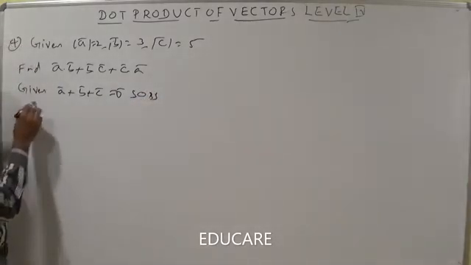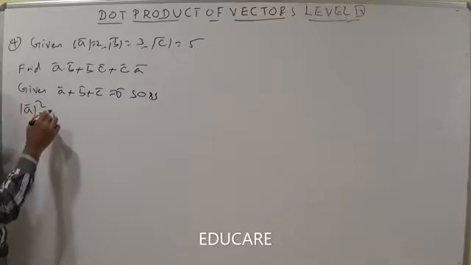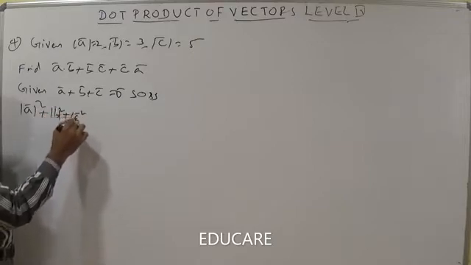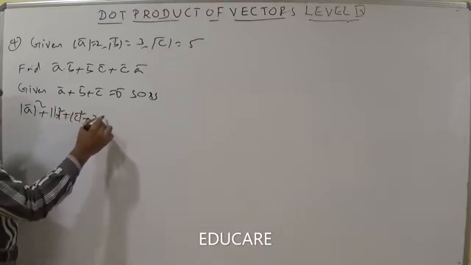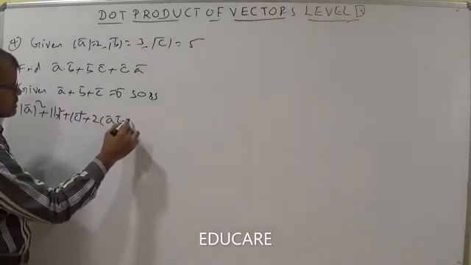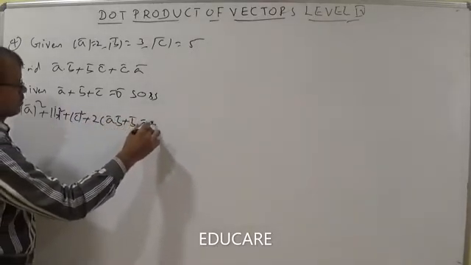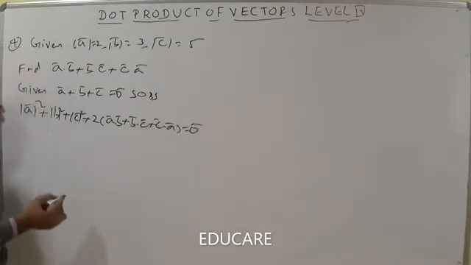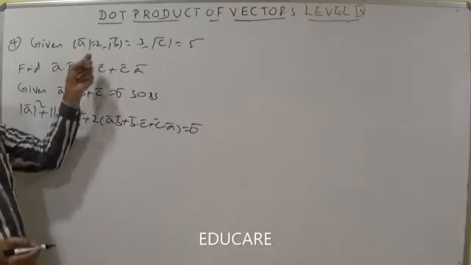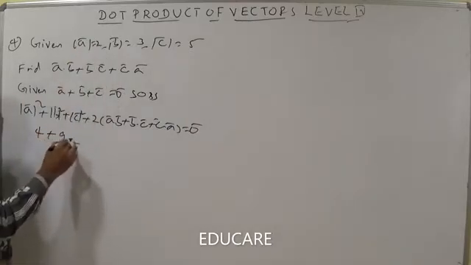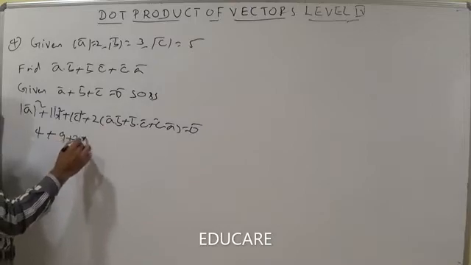So squaring on both sides, you can write the formula: modulus of A bar square plus modulus of B bar square plus modulus of C bar square plus 2 into A dot B plus B dot C plus C dot A equal to 0 bar. What is the modulus of A square? Here mod A given as 2.